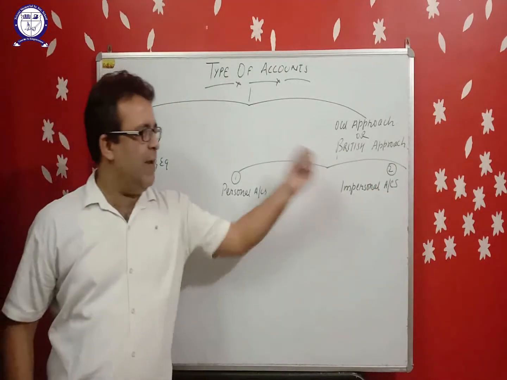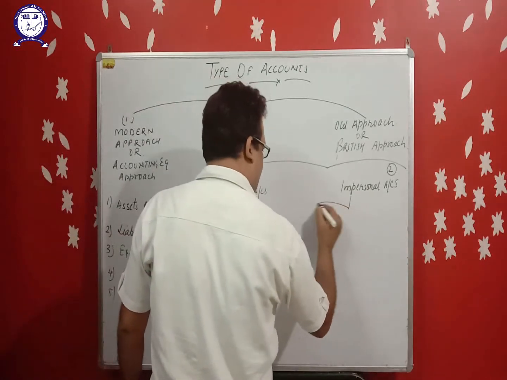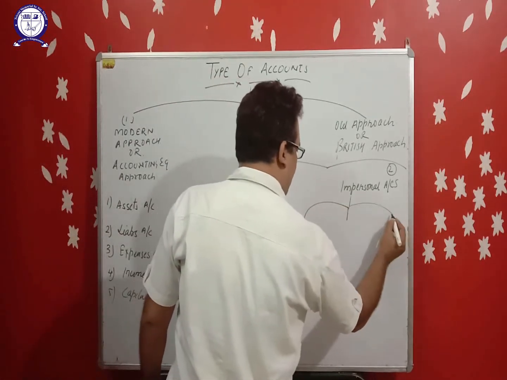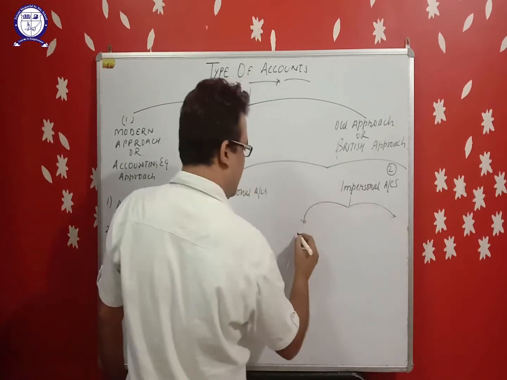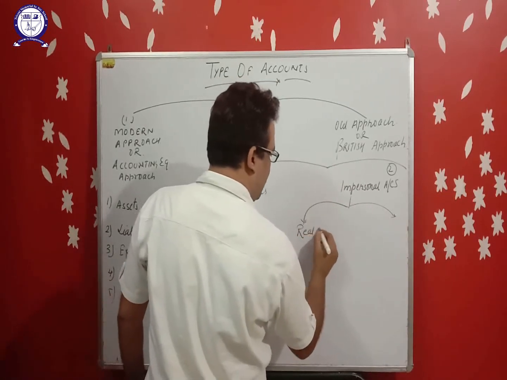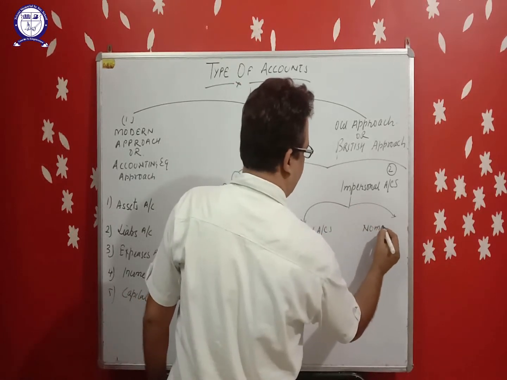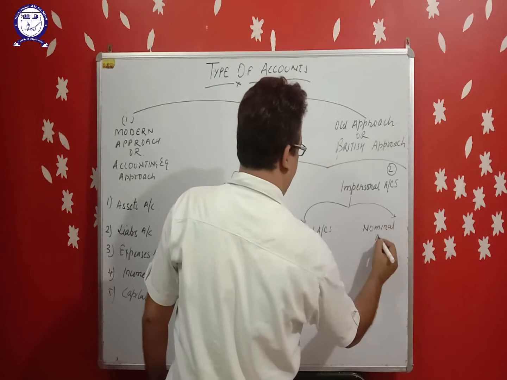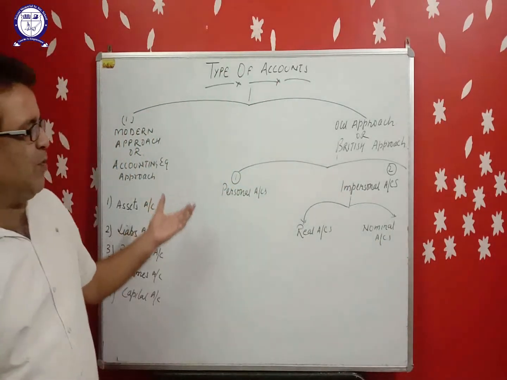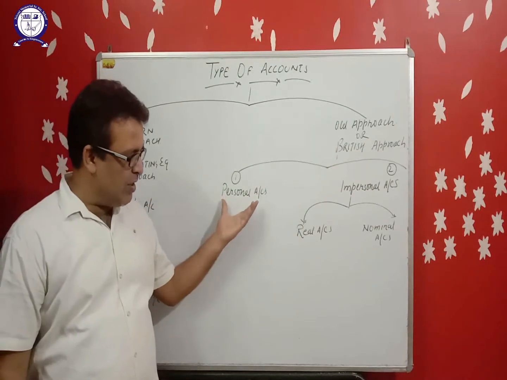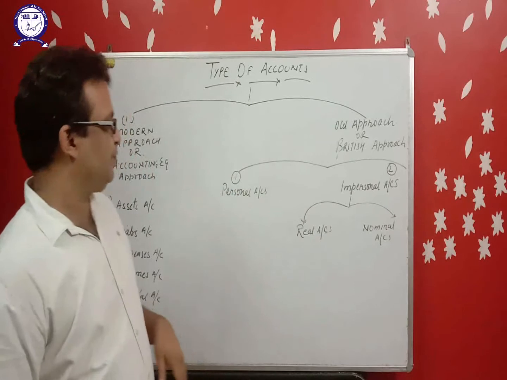Number 2, impersonal accounts. Further, impersonal accounts can be divided into 2 parts: real accounts and nominal accounts. So you can say, in old approach, there are 3 types of accounts: personal account, real account and nominal account.